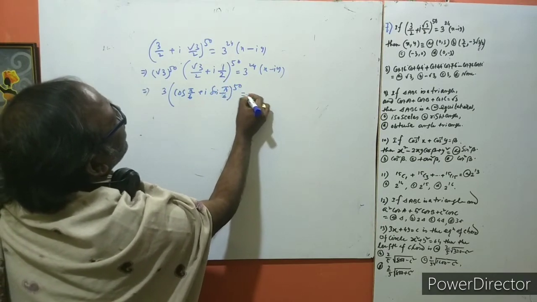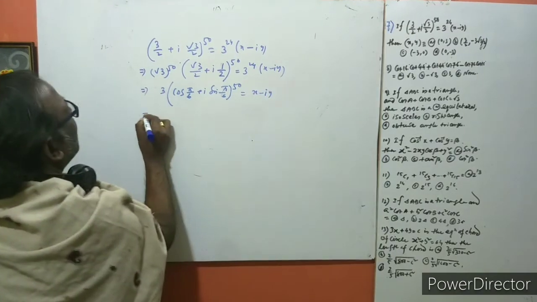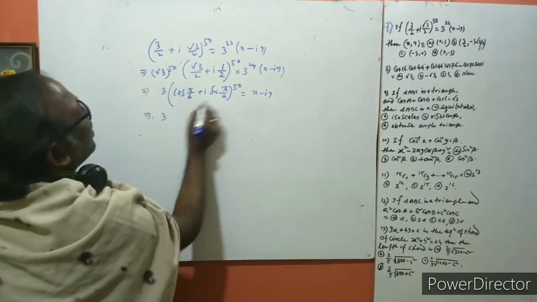Okay, and this is to the power 50, and this is x minus iy by 3.